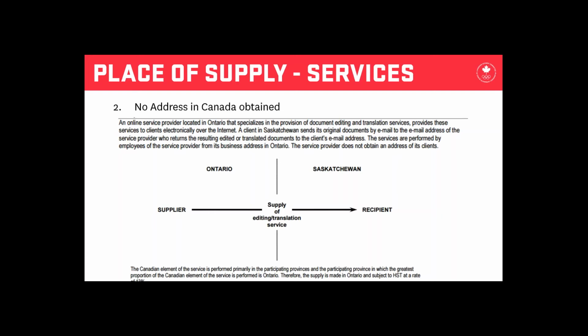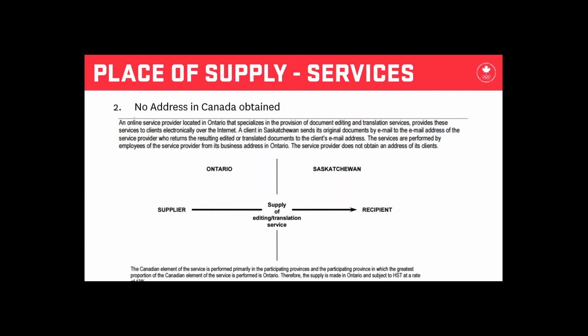In this case, a client in Saskatchewan sends its documents by email to the service provider, who returns the edited documents again through email. The services are performed by employees of the service provider from its business address in Ontario.